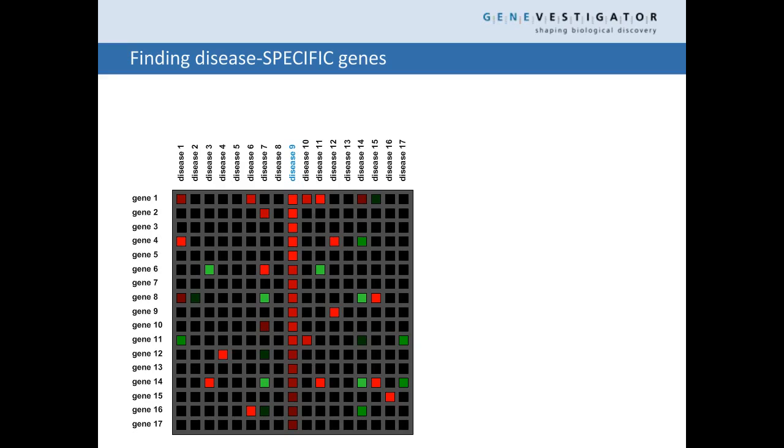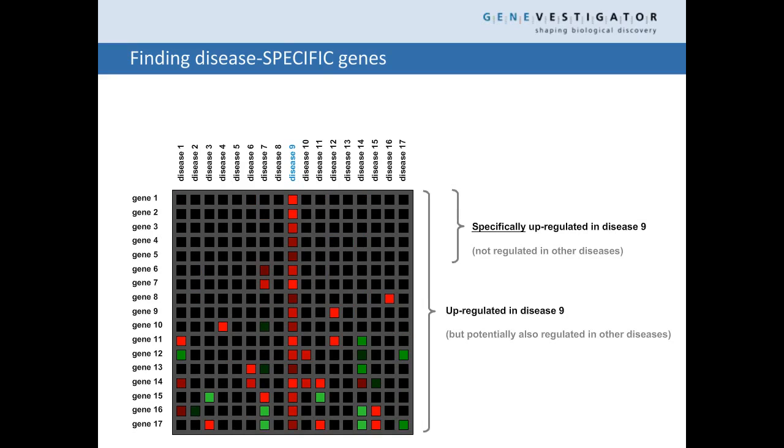So assuming you would have this possibility to align other studies, other diseases together with your disease of interest, you could see these effects. And then you could start changing the order of your results, such as to find genes that are really specific for your disease of interest, as you can see here.